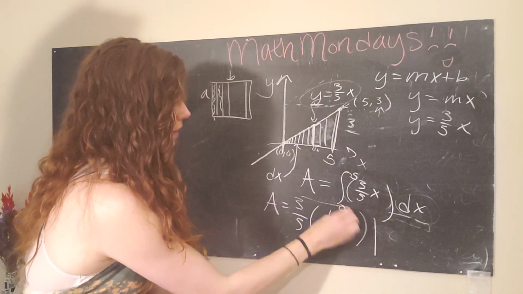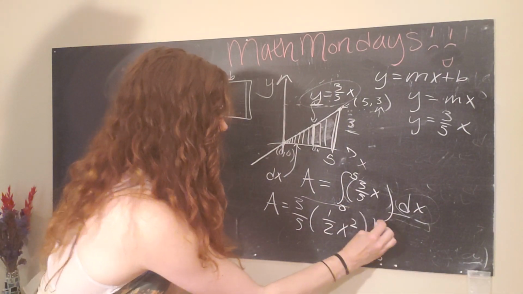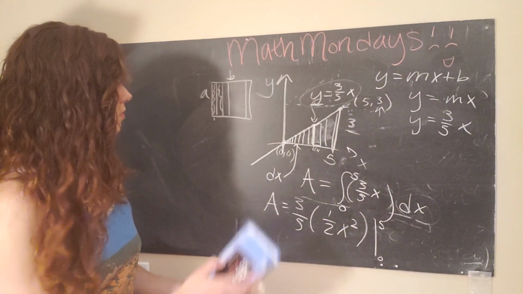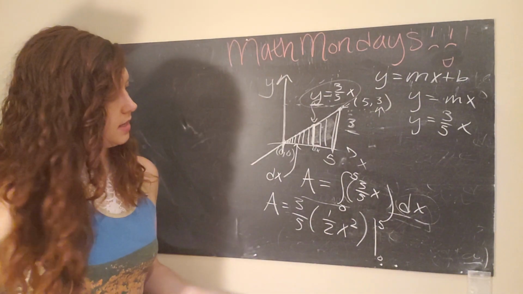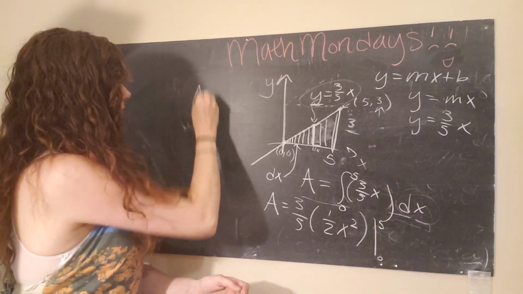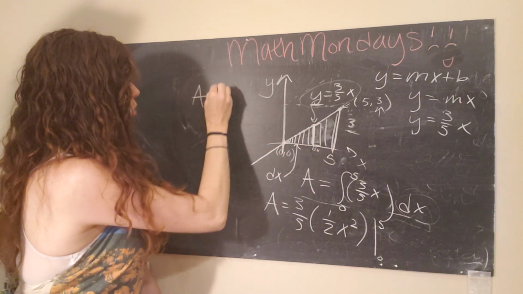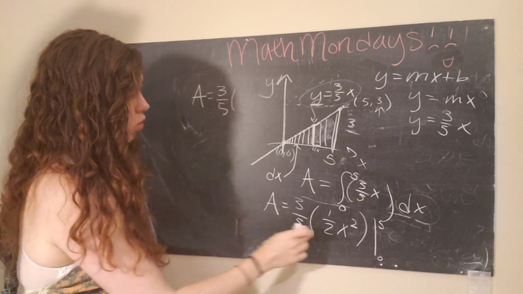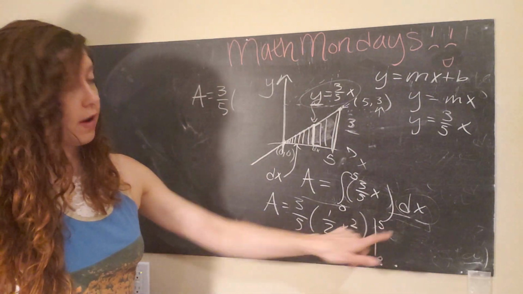But since we have a bounded curve, we don't need to worry about that. And so we go from our starting point to our ending point. Okay, and so now we have the area of our triangle equals 3/5 times 1/2 x squared from 0 to 5.